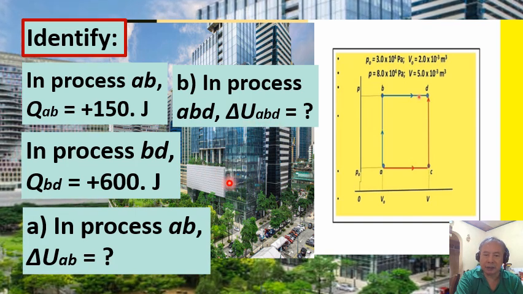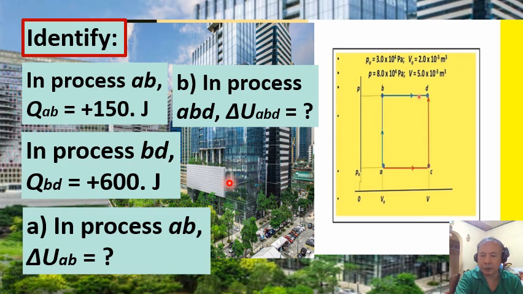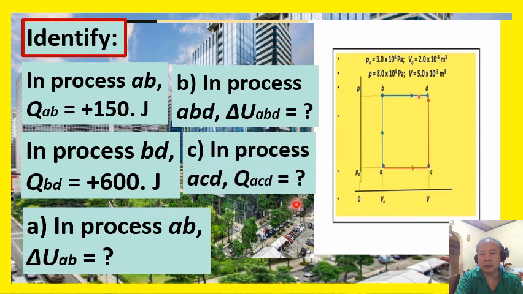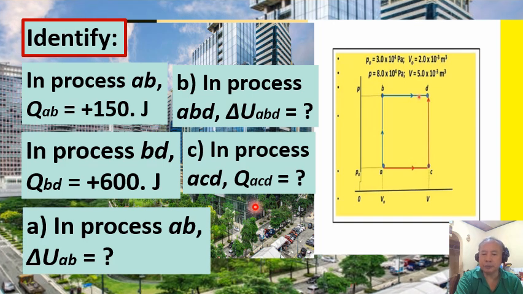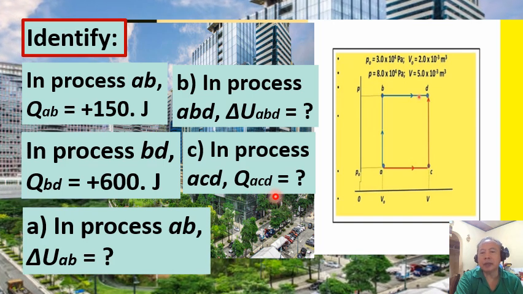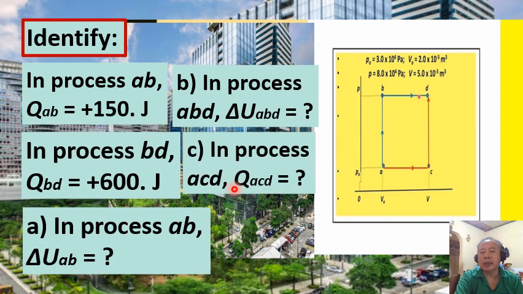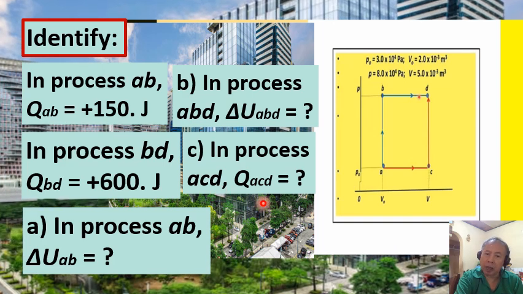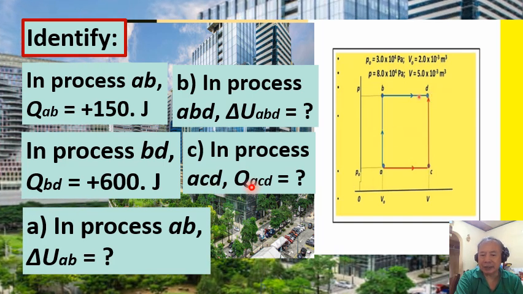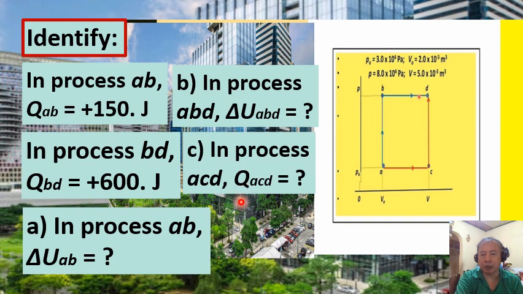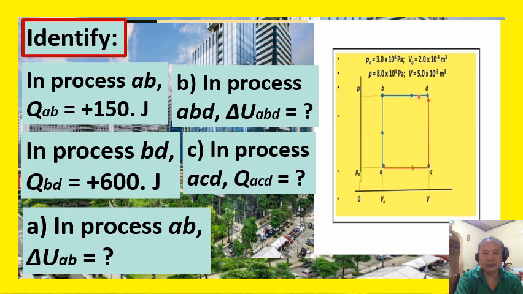And finally, in part C, our target variable is the total amount of heat that is transferred to the system as it proceeds along the path ACD, denoted by capital Q sub ACD.